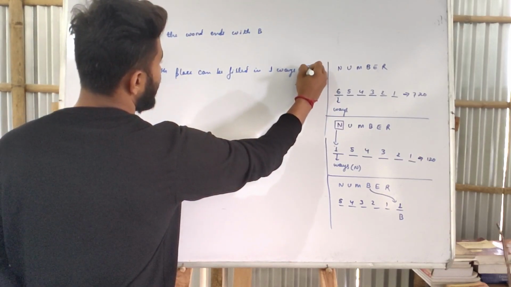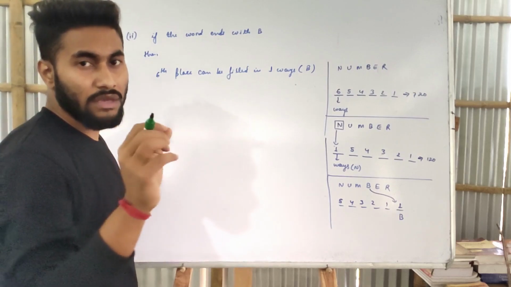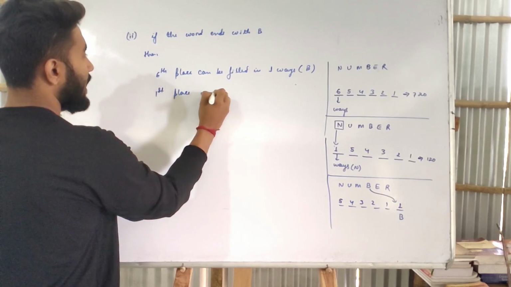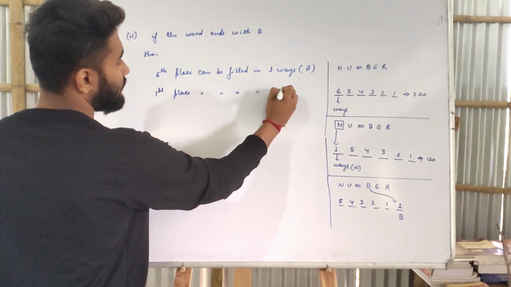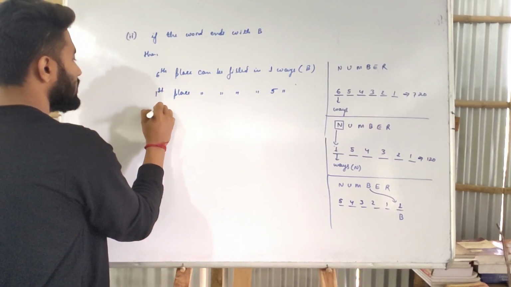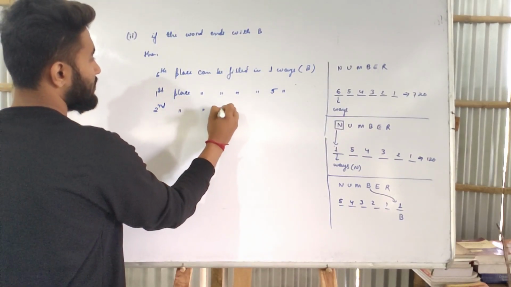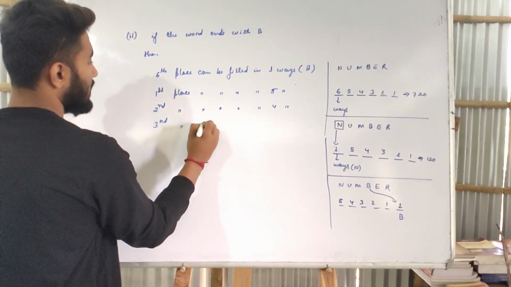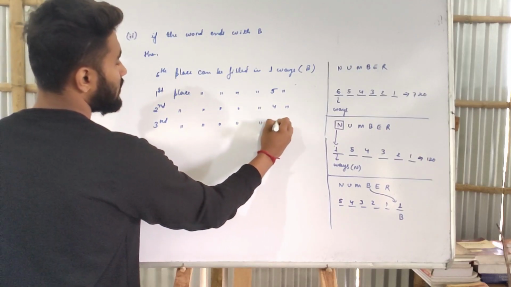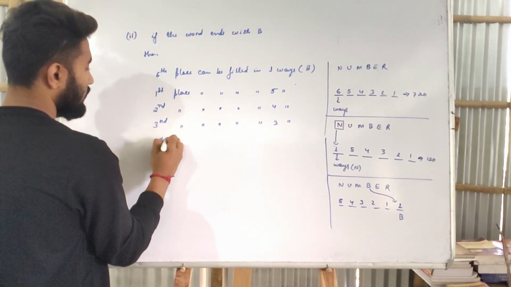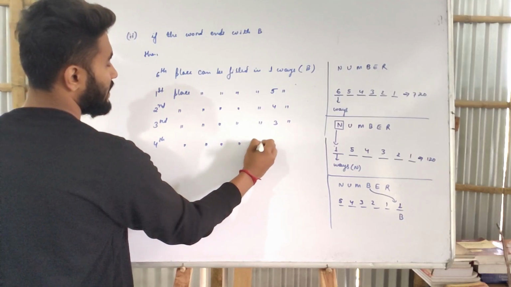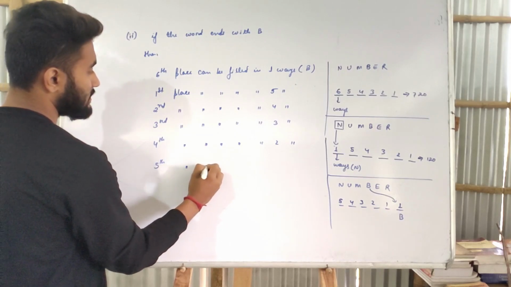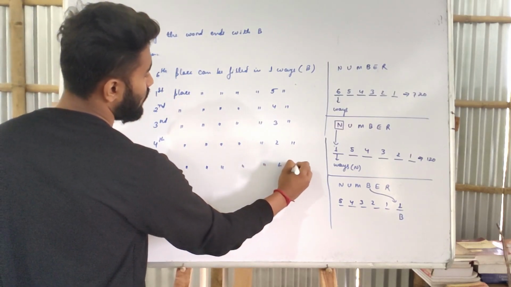Why one way? Only B will be filled in. First place can be filled in 5 ways. Second place in 4 ways. Third place in 3 ways. Fourth place in 2 ways. And fifth place in 1 way.